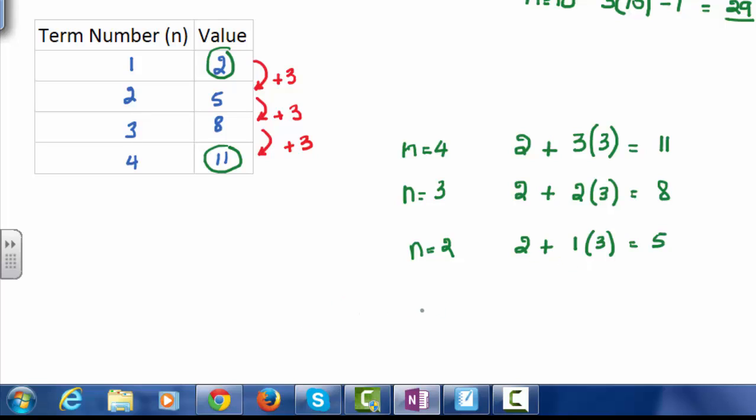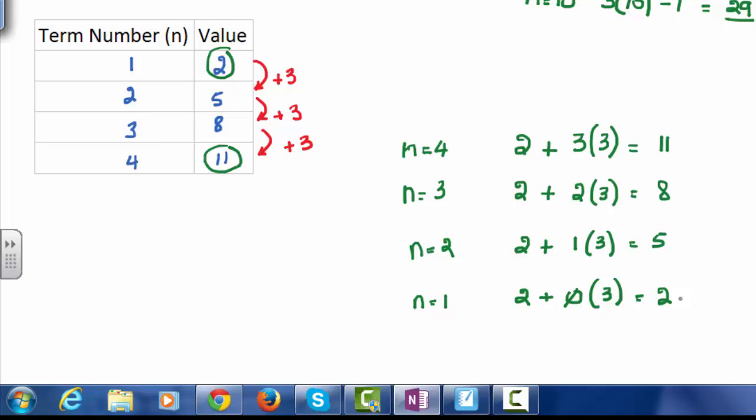Let's check even when the term number equals 1. When the term number equals 1, I used 2, and if you look up, I didn't add 3. That means 0 times I added 3. 3 times 0 is 0. 0 plus 2 equals 2.